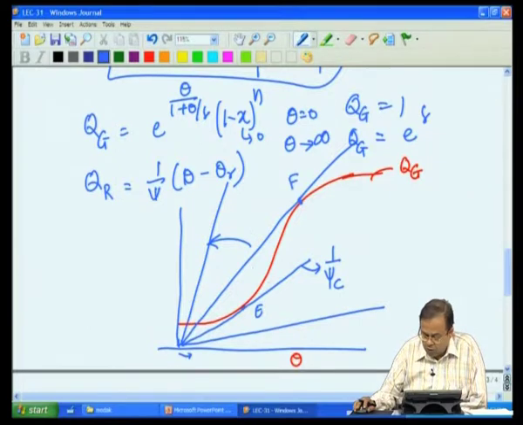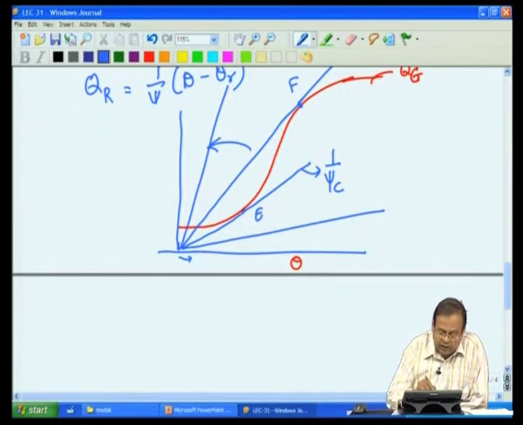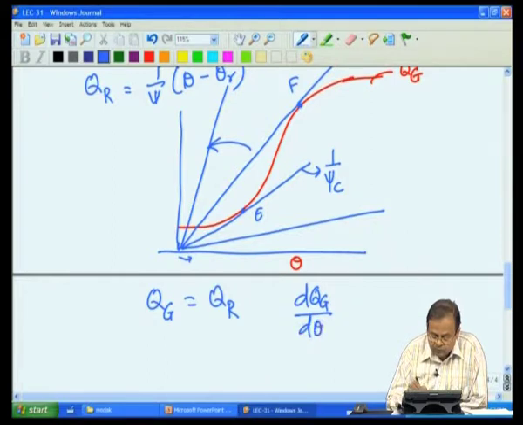So, how do we do that? We do that by noting that at points E and F, QG is equal to QR, and the slope of these two lines is equal.